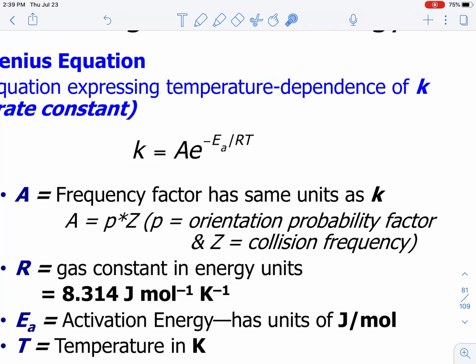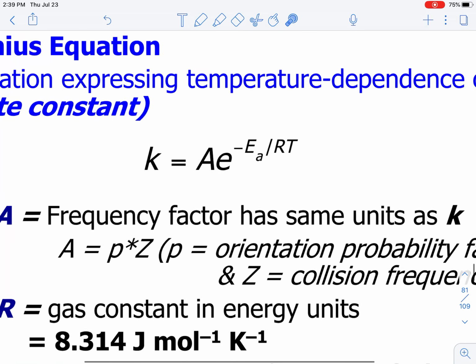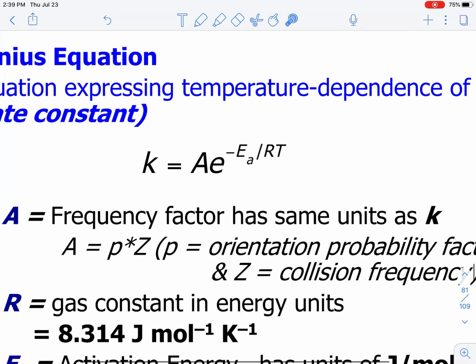So if we were to calculate the rate constant at 25 degrees Celsius, because temperature is involved in this equation, if we were to calculate the rate constant at, for example, 30 degrees Celsius, it would be different. And so the Arrhenius equation can also help us quantify the activation energy, which is denoted as capital E subscript A.